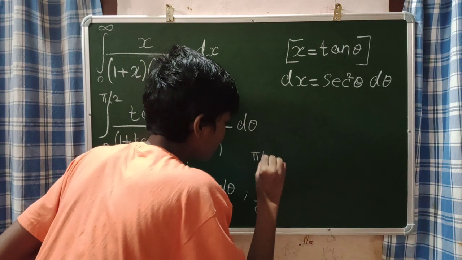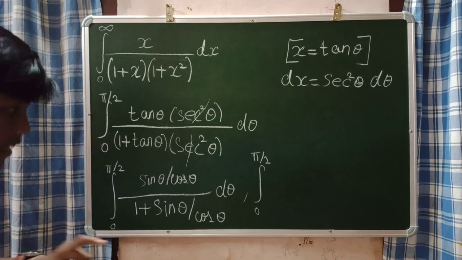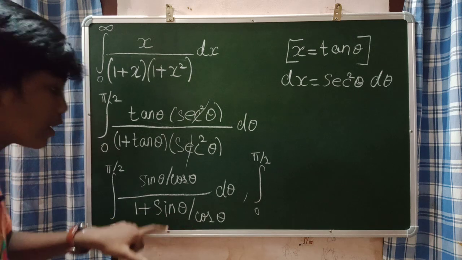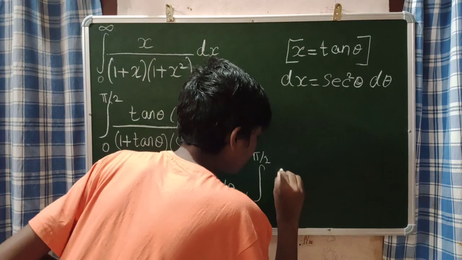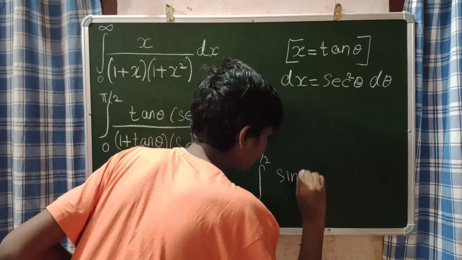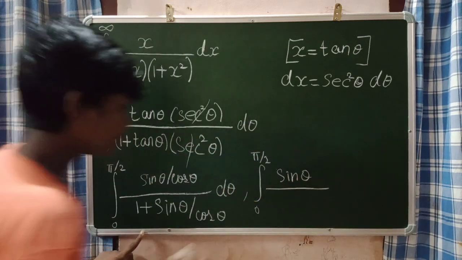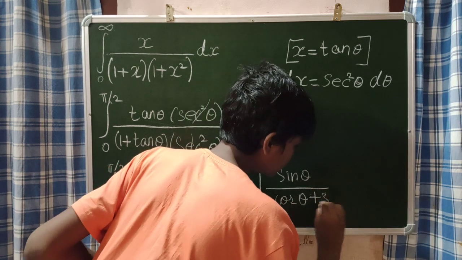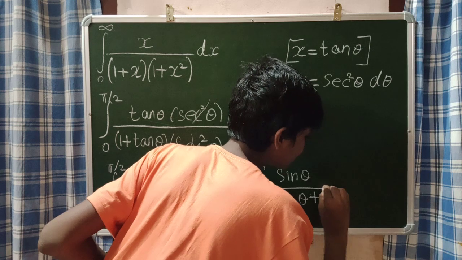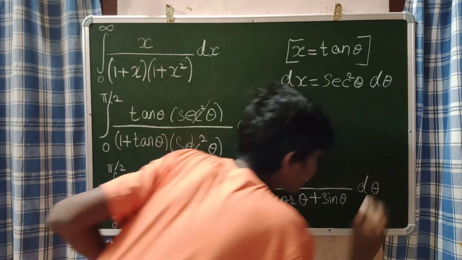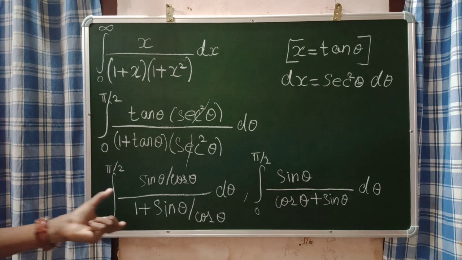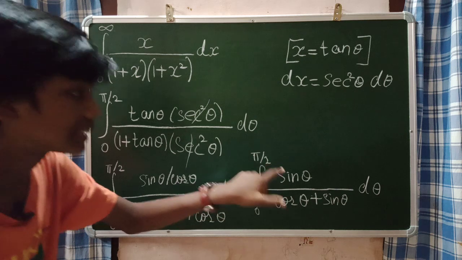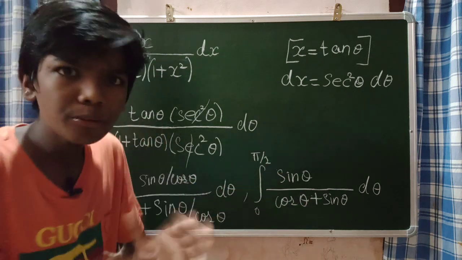The numerator will be cos theta plus sin theta divided by cos theta, so what you will be left with is sin theta divided by cos theta plus sin theta. This is what you get from the basic simplification which you learned in your lower grades: sin theta by cos theta divided by 1 plus sin theta by cos theta simplifies to sin theta divided by cos theta plus sin theta.